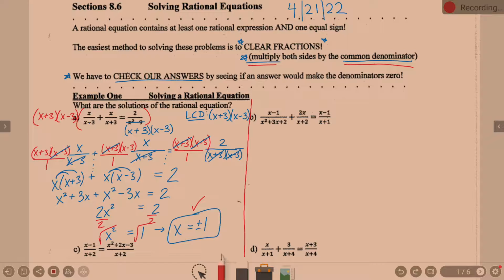What is step 1? Okay, just like last lesson, we're factoring, right? We're going to factor these. X squared plus 3x plus 2. Does it factor? It does. X squared is x and x.